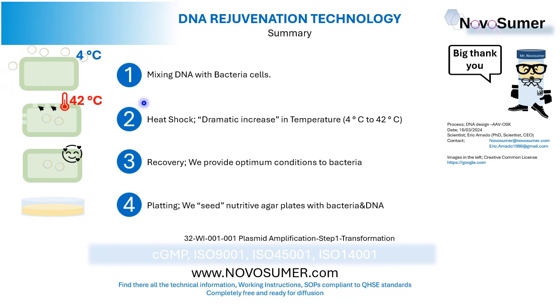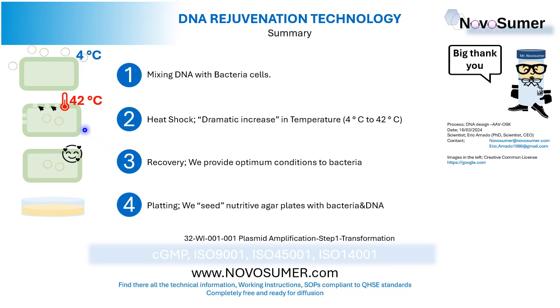The second step was the heat shock, a dramatic increase in temperature. It went from 4 Celsius degrees to 42 Celsius degrees. This dramatic change in the temperature creates pores in the surface, in the membrane of the cells. And these pores are used by the DNA to enter inside the cell.